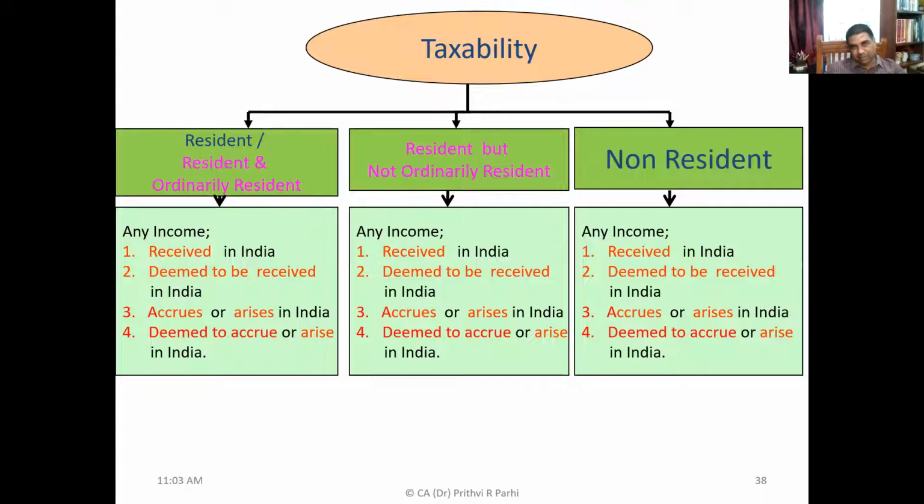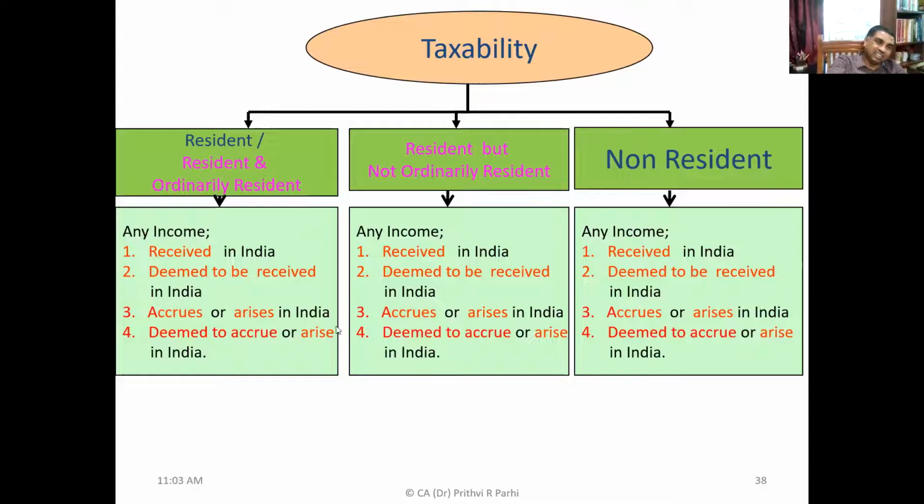And under the other categories also the same thing is there. Under resident but not ordinarily resident, any income which is received in India, deemed to be received in India, accrues or arises in India, deemed to accrue or arise in India. Third is the non-resident case, where also you can find the same: any income which is received in India, deemed to be received in India, accrues or arises in India, deemed to accrue or arise in India.